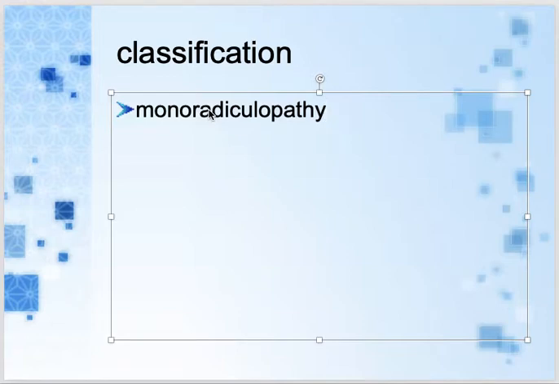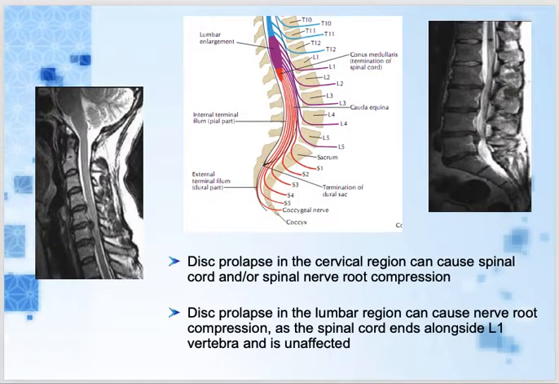For example, there is something called a herniated disc, and I will show you over here. For example, in the cervical or in the lumbar region, when a disc is prolapsed and it is causing pressure on the spinal cord, you can see the pathology here, right?